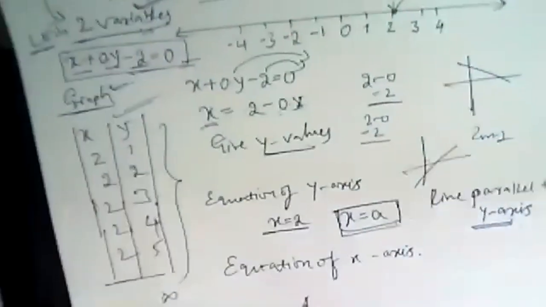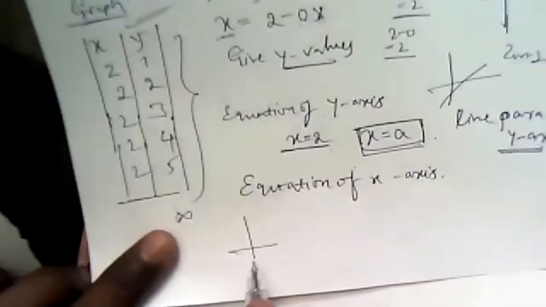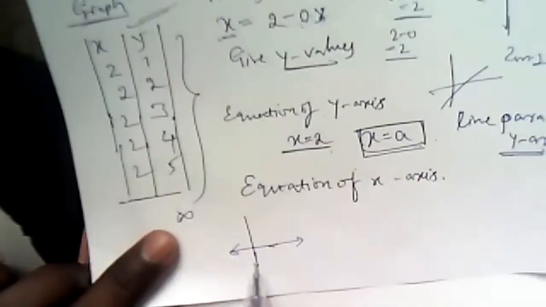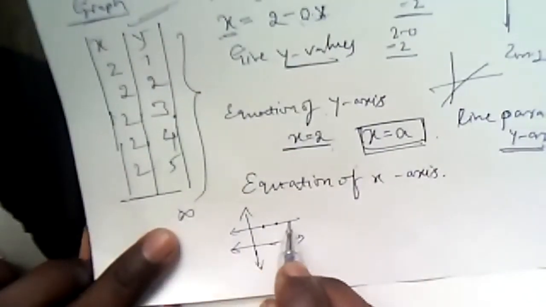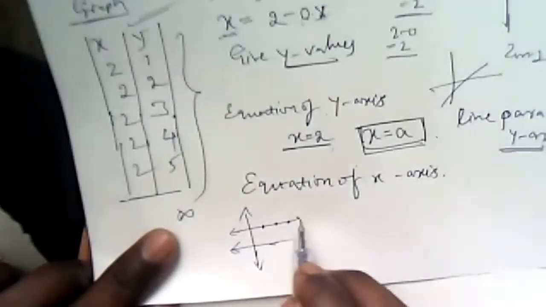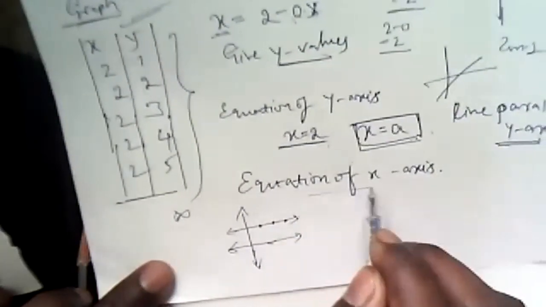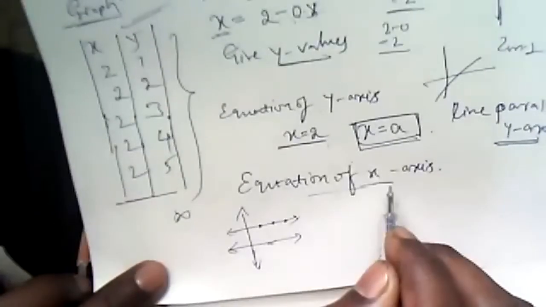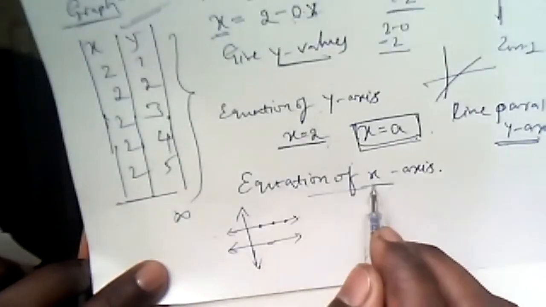Suppose we have a line which is parallel to the x-axis. Just listen here. We obtained a line like this. In the next problem, you obtained a line like this, which means the line is parallel to the x-axis. Then what is the equation?